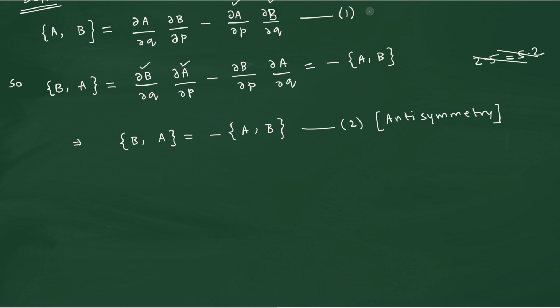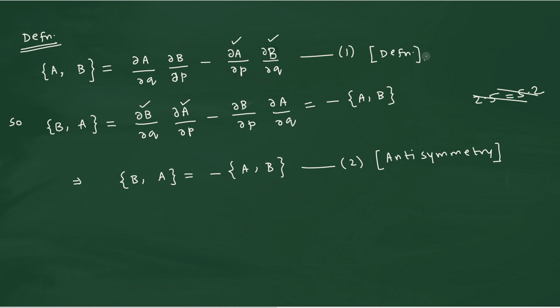The first one is by definition. This is the fundamental definition. The first equation is not a property. The first equation that I have written here is the definition, which means this is how we start: let us say that {A, B} is this much. So the first equation is the definition of the Poisson bracket between any two variables.